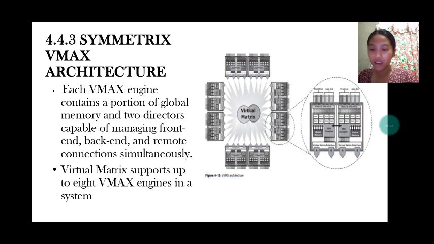The VMAX engines are connected to the virtual matrix, and it allows all system resources, including the CPU, the memory, the drives, and the host ports, to be dynamically accessed and shared by any host. Additionally, VMAX engines can be added non-disruptively to efficiently scale system resources.